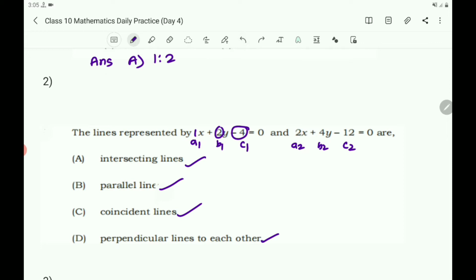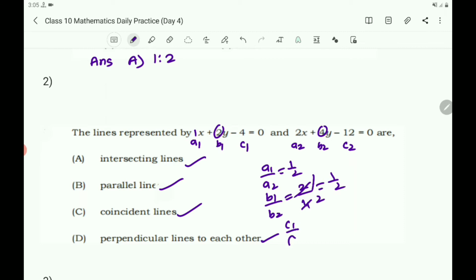Now you find the ratio a1 by a2. a1 by a2 is how much? Here it is 1 by 2. Then b1 by b2. b1 is 2, b2 is 4. 2 by 4, that is also 1 by 2.